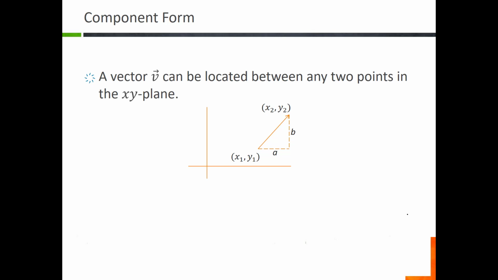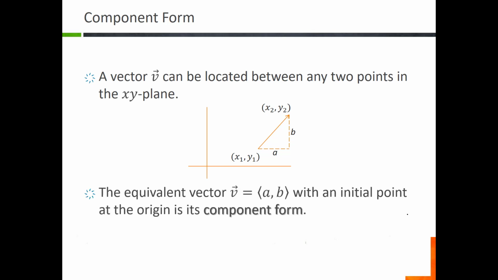If I were to draw out the horizontal and the vertical distances for that arrow, in essence creating a right triangle, that distance horizontally we could call the horizontal component, and the vertical distance we could call the vertical component. So when we talk about components, we're talking about the horizontal component and the vertical component.